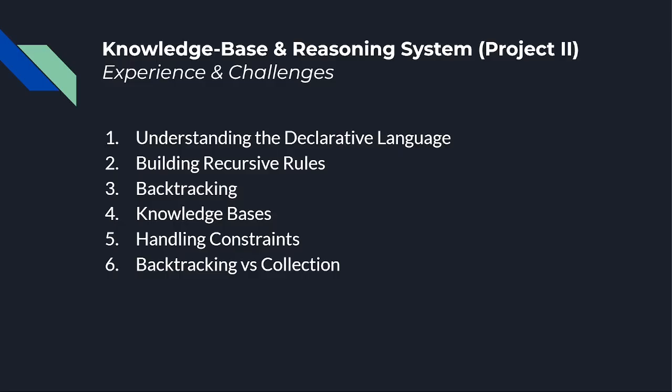Then we have building recursive rules. The challenge was mastering recursion in logic programming. Common mistakes we had were forgetting the base case, infinite loops, wrong termination conditions, and getting wrong results. Then we have backtracking: when Prolog hits a dead end, it automatically goes back and tries an alternative solution, which is important.